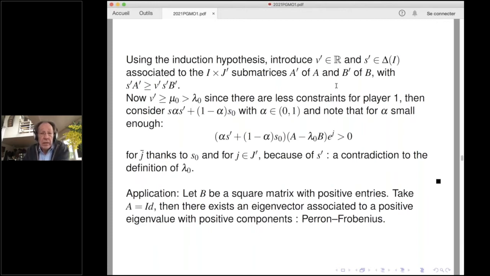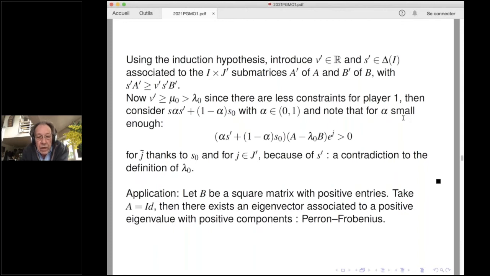Now I consider a strategy S, which is a convex combination of S prime and S0. So S prime is optimal in the small game, and S0 was optimal in the large game. Okay, and alpha is a coefficient in [0,1].